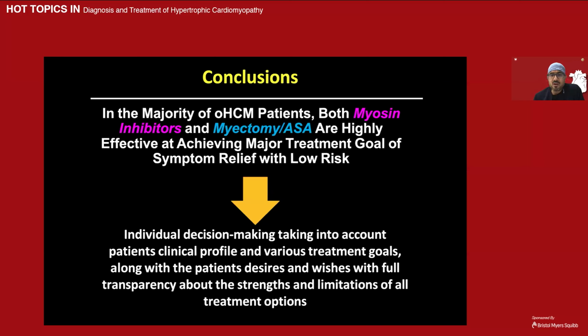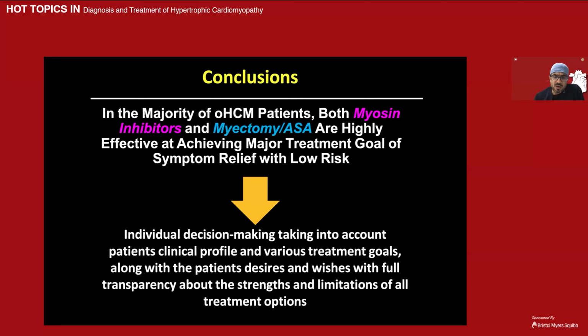The treatment will help in symptom relief, and also it will reduce mortality. Individual decision making, of course, takes into account the patient's clinical profile versus treatment goals, along with the center expertise and the patient's desires. All that will play into action.